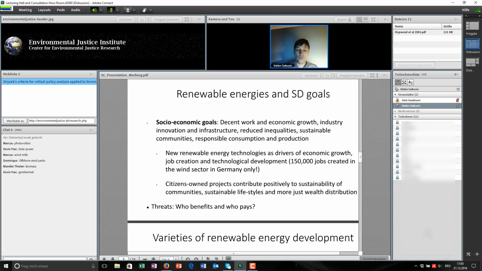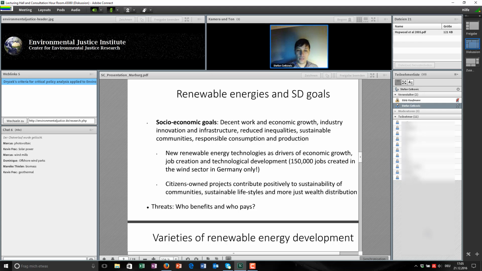Also, most renewable energy technologies are small-scale, decentralized technologies. They can provide citizens and communities an opportunity to take an active part in the energy system, in terms of investing in their own projects, producing energy, particularly electricity, by themselves, and also generating profits out of it.